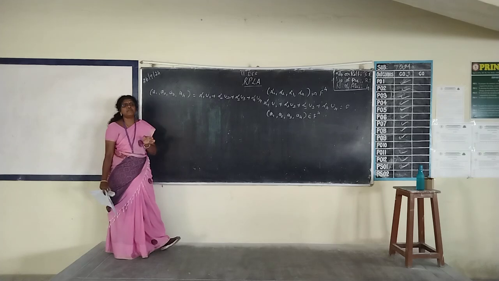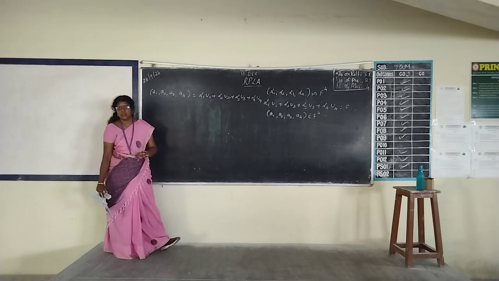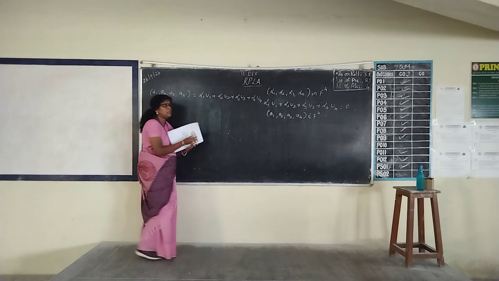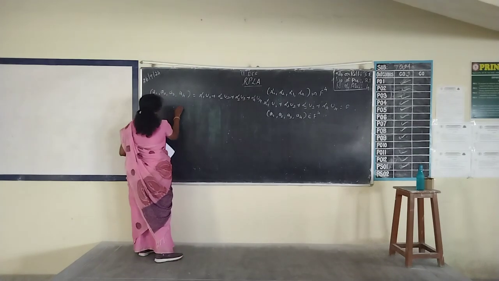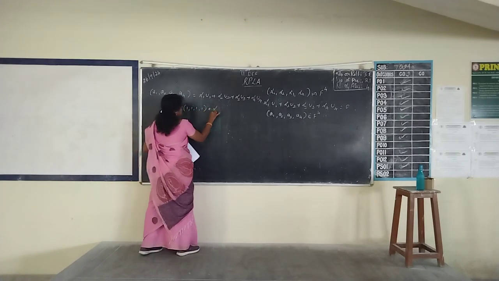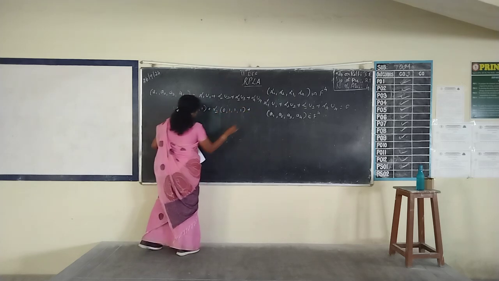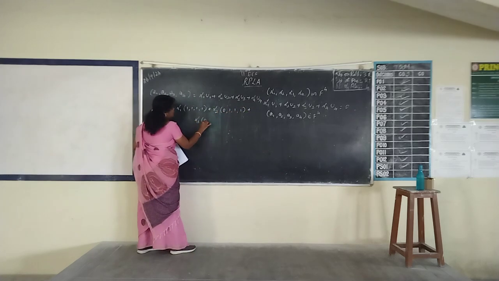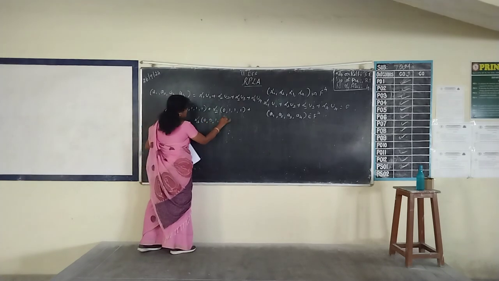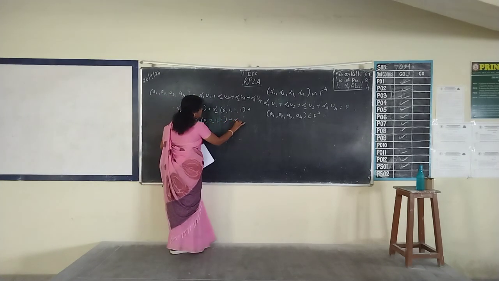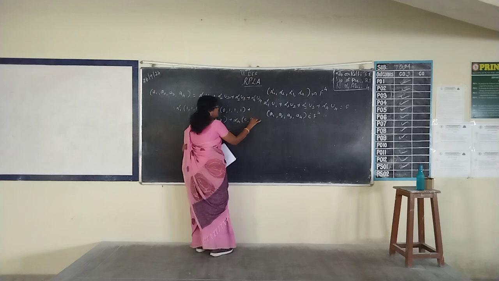Alpha. We are trying to find what will be our alpha values. Replace all the U terms. Alpha 1 into 1, 1, 1, 1 plus alpha 2 into 0, 1, 1, 1 plus alpha 3 into 0, 0, 1, 1 plus alpha 4 into 0, 0, 0, 1.